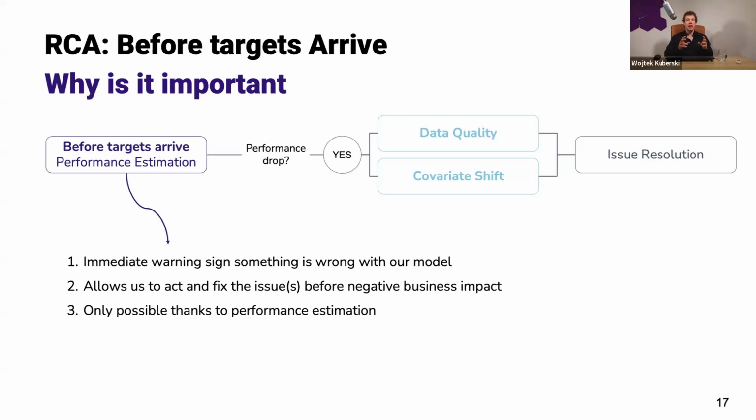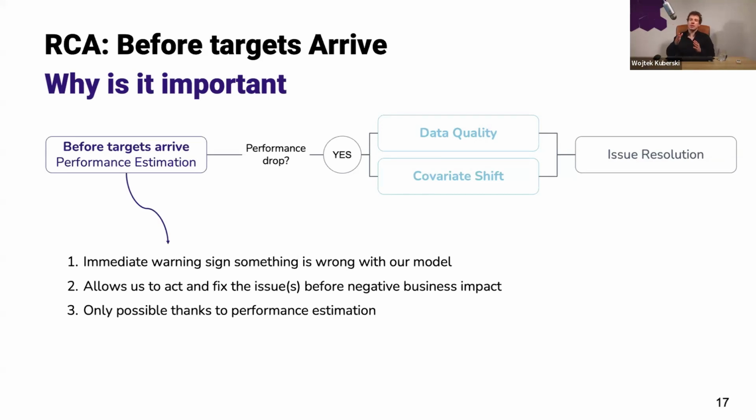To summarize why performance estimation is important: it really is an immediate warning sign that something is wrong with our model. We can do it as the model makes the prediction, before the actual prediction even reaches the business side and before the decision is taken. So we can act upon it just as we finish processing our batch of predictions, or the same if we use streaming. It allows us to act and fix issues before significant negative business impact.